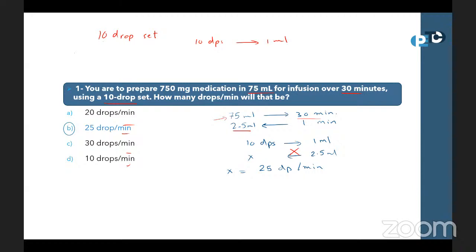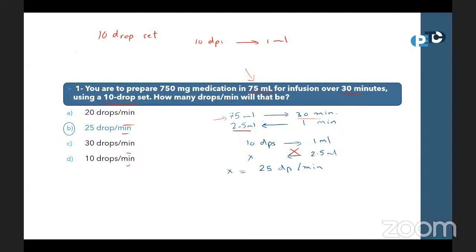Okay? Here he gives us the rate of infusion: 75 milliliters of the infusion over 30 minutes. We need to calculate the number of drops per minute to give this infusion rate. How can we know that? Firstly, you should know how many milliliters are injected per 1 minute.